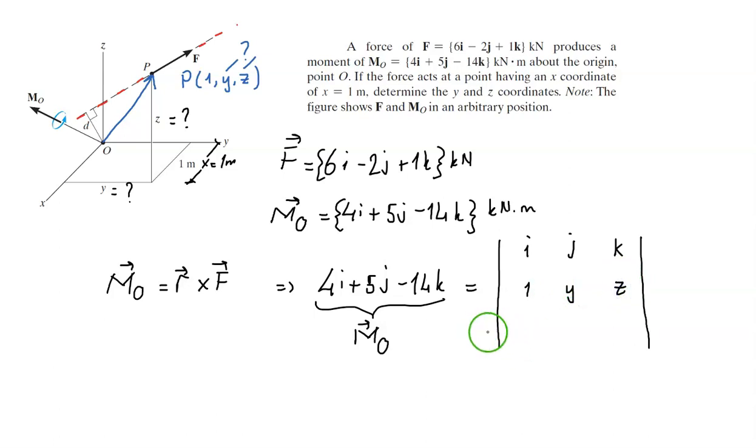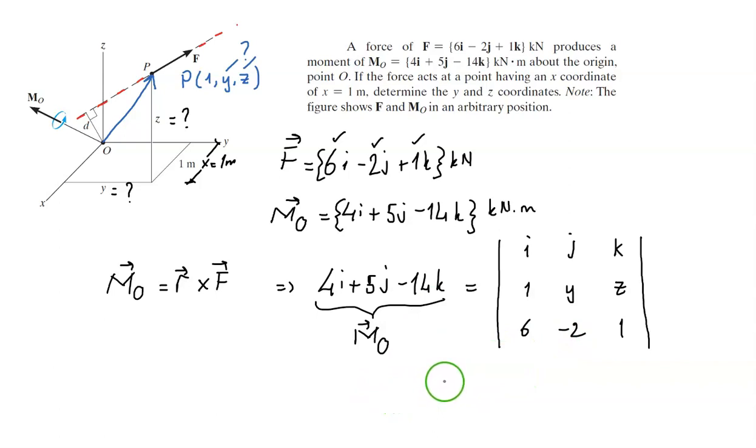The third row includes the components of the force vector: the x component is 6, the y component is minus 2, and the z component is 1. So I substitute these values here.